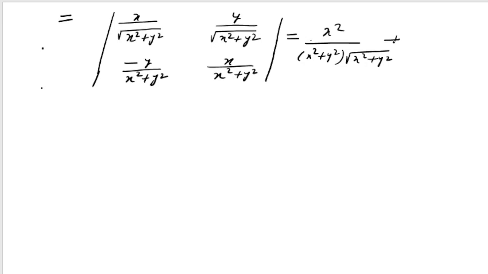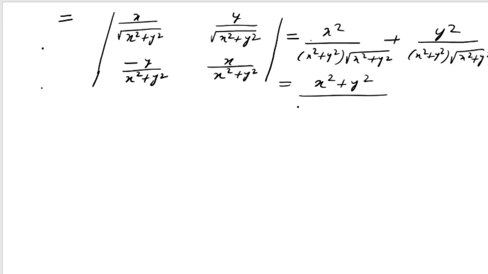So you will get plus y square by x square plus y square and under root x square plus y square. So if you add this, it is very obvious that the denominators are the same, so the numerators will be added. So you will get x square plus y square, and in the denominator you have x square plus y square into under root x square plus y square.